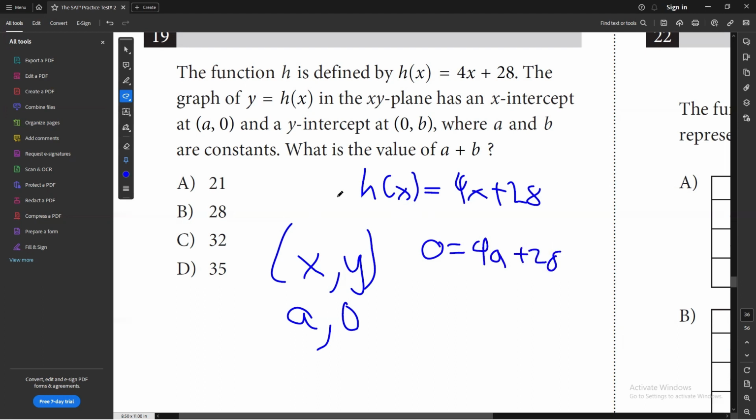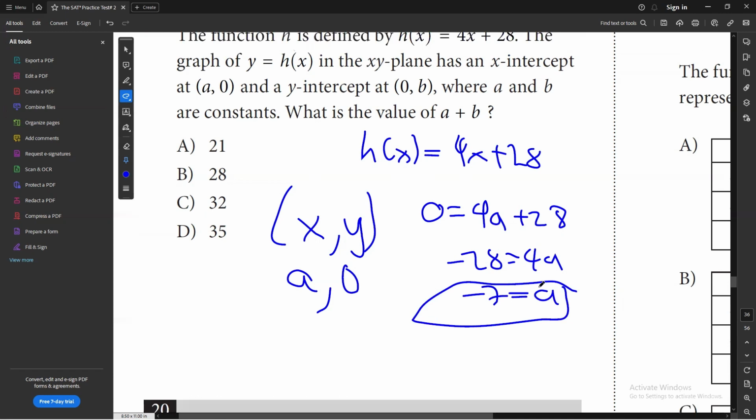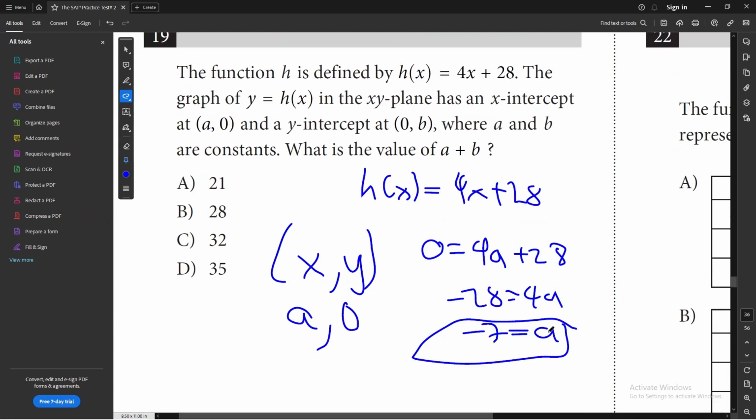We're just plugging the values inside. So let's just subtract 28 from both sides. Negative 28 equals 4a. Let's just divide both sides by 4, and we end up with negative 7 equals a. This is our first number, which is a.